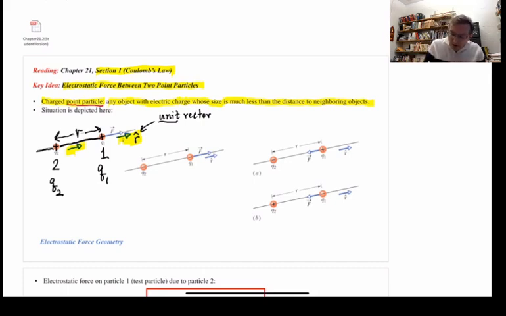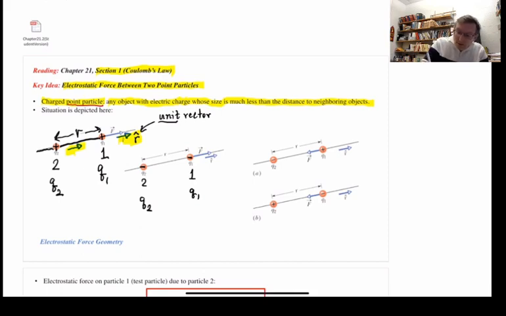Now I want to focus on the middle picture right here. Again, we have the particles 1 and 2, with Q1 for the charge of 1 and Q2 for the charge of 2. It may be hard for you to see, but Q1 has a negative charge. They denote that by putting a little minus sign on its sphere. And Q2 has a negative charge. So they're both negative.